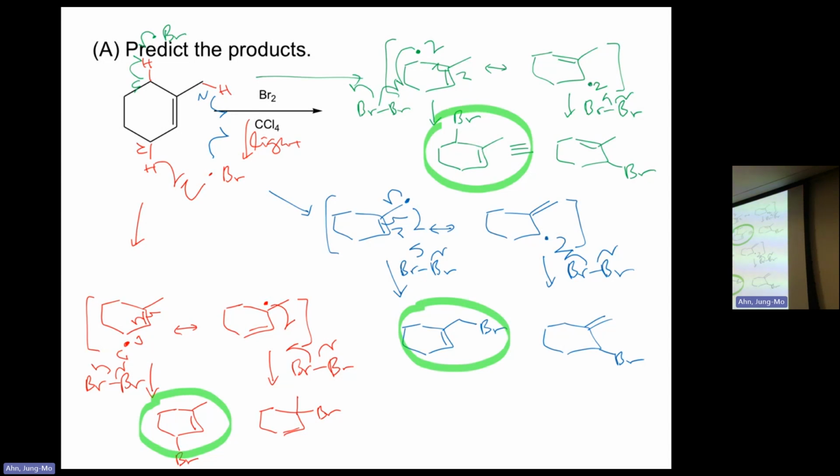That is a secondary allylic radical. Then the secondary allylic radical, look at that one. 1, 2, 3 substitution there. That's a tertiary allylic radical. So if you do the reaction at low temperature, this is probably the one that goes through the most, because that's the most stable intermediate. That will produce that one as the kinetic product.